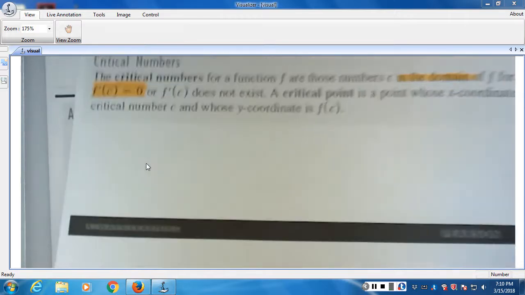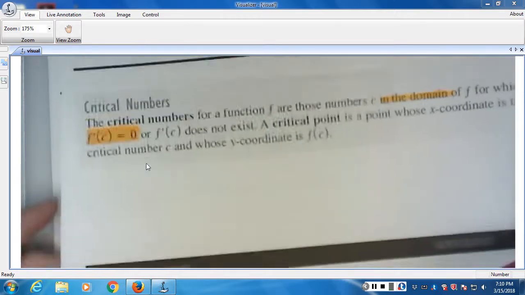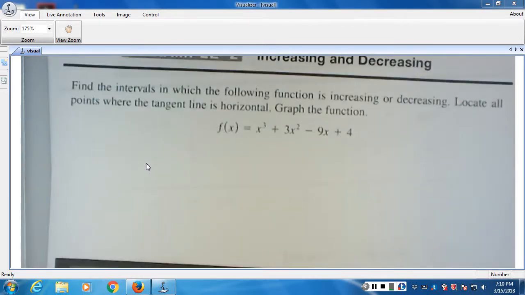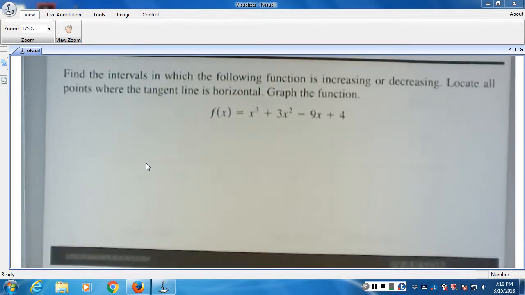So what does that mean that we need to do? Now, I've got a whole set of steps here, but rather than read the steps to you, we're going to come back and read the steps when we're finished actually doing them, because doing them makes more sense than reading and then thinking about what does that mean? How am I supposed to do that? Okay? So what we're going to do is find the intervals on which this function is increasing or decreasing.